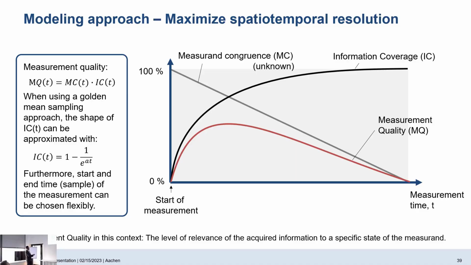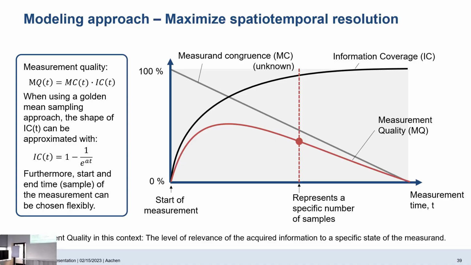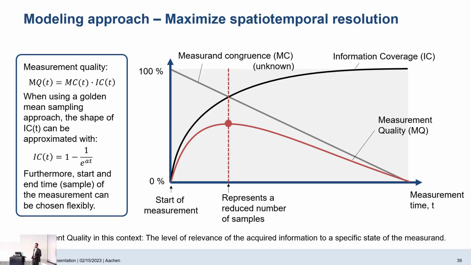Here we see we have a higher peak point now. And if this represents a specific number of samples, then a reduction of samples could, for example, lead us to the peak point here, which would describe the optimal trade-off between temporal and spatial resolution.